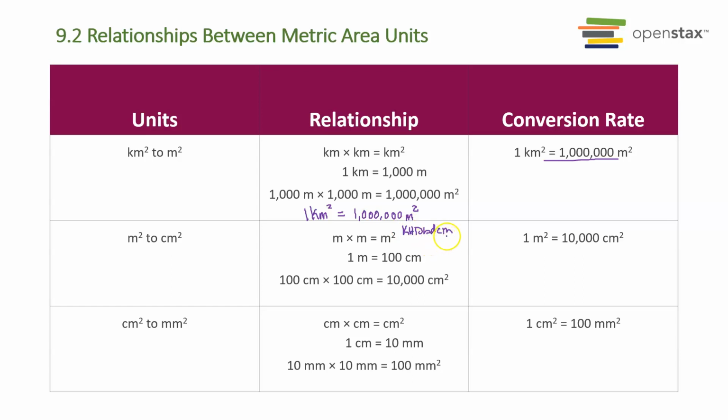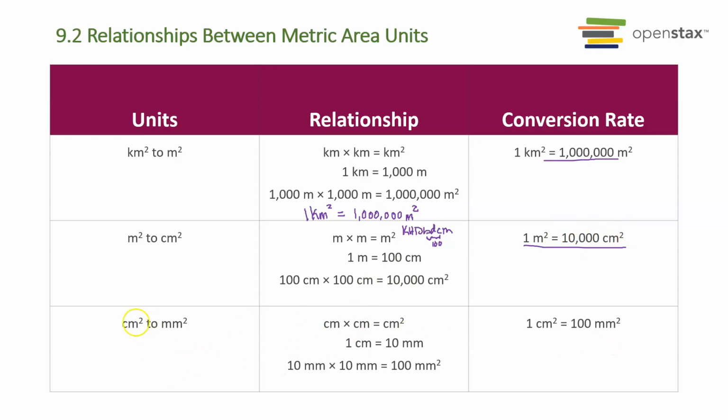So we're here at meters. If we go over to centi, that's 100. But if we want a square meter, then that's 100 centimeters times 100 centimeters. So a square meter is 10,000 centimeters squared.